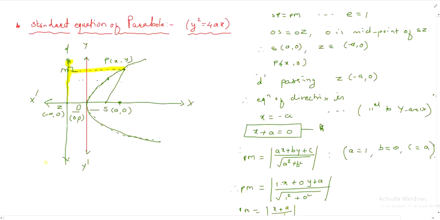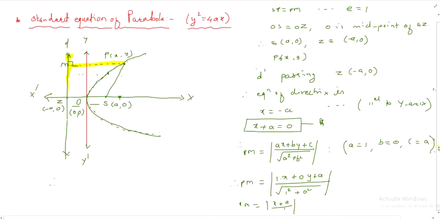Therefore, PM is equal to mod of x plus a, that is the distance PM. Let us see, this is equation number 1.